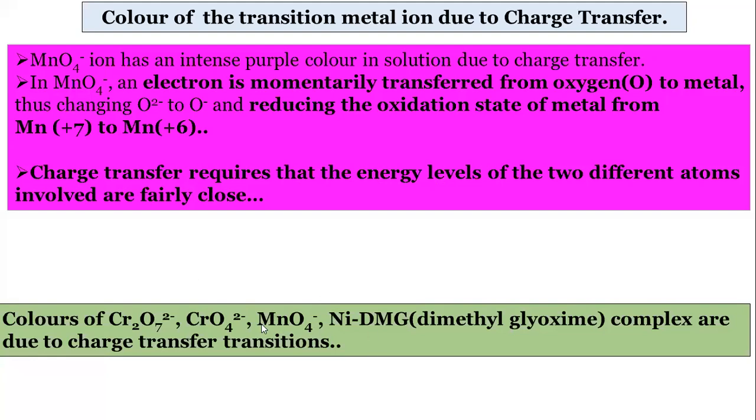There are also some compounds which are colored due to this charge transfer. Examples given are Cr2O7 2 minus, CrO4 2 minus, MnO4 minus. Then one complex is the nickel DMG complex.